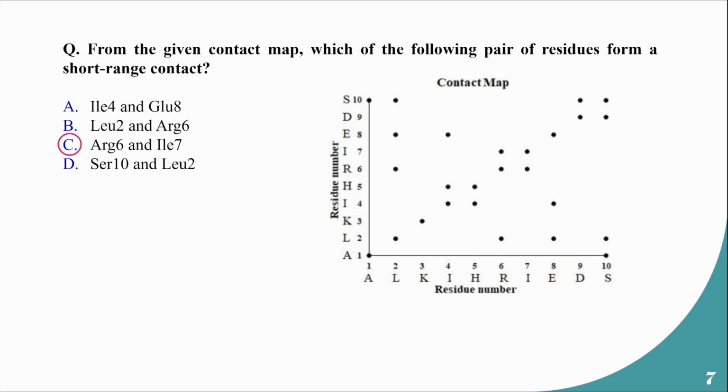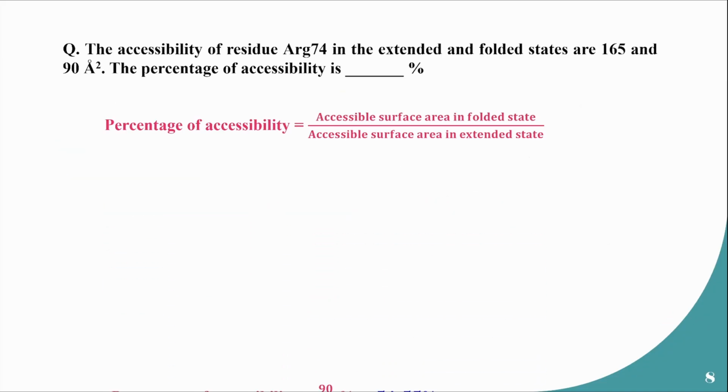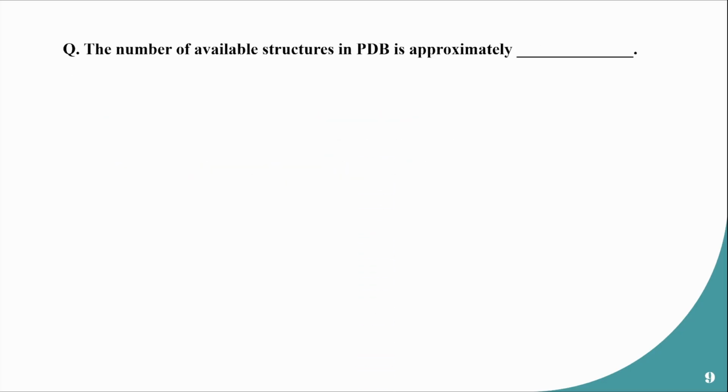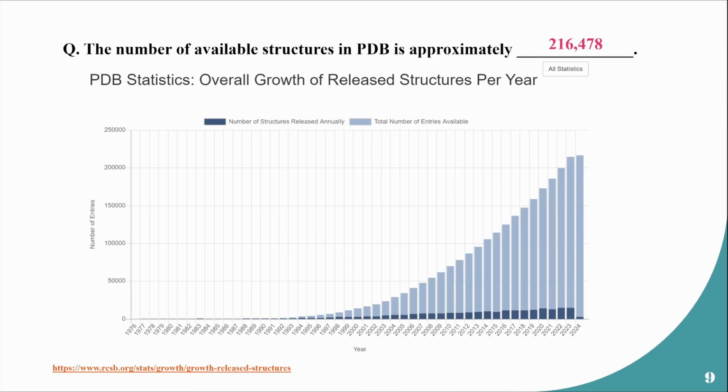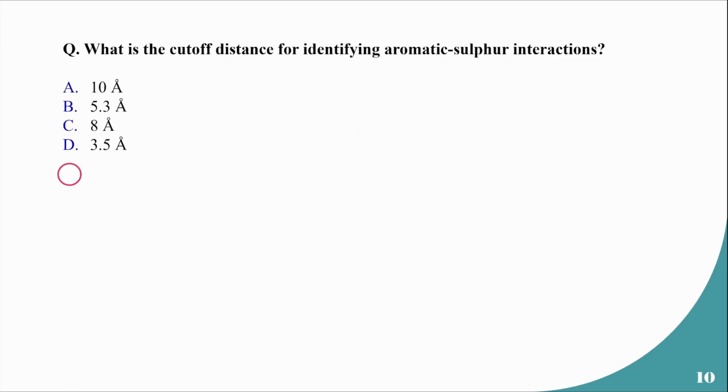But whether those two contact-forming residues are far apart in the sequence space or not will determine whether they form a short range or long range contact, and that can give us some insight into the structural features. Then some concepts regarding accessibility, folding, etc., and then we ended on some statistics on the PDB database.